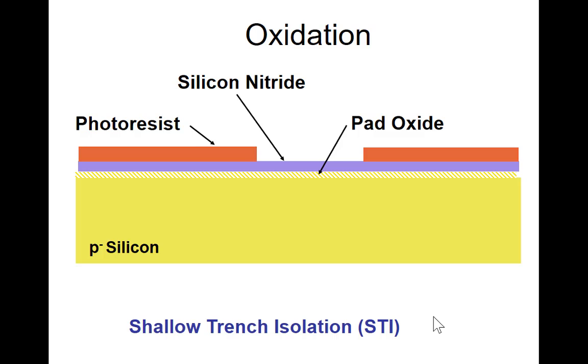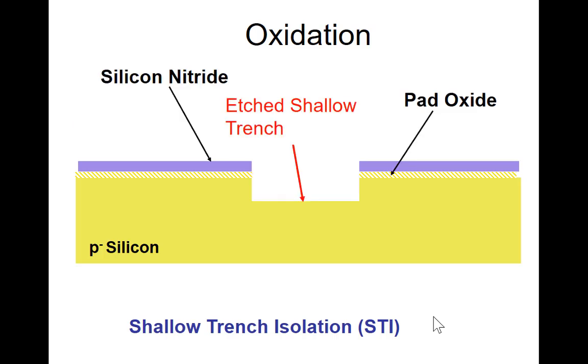So if you are going to make PMOS transistors and NMOS transistors, then instead of growing the LOCOS or the FOX or field oxide, people call it different ways, you etch an area here and deposit silicon dioxide material in the trench.